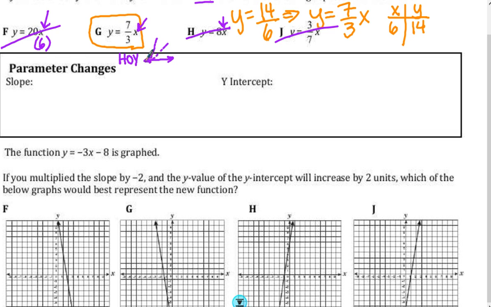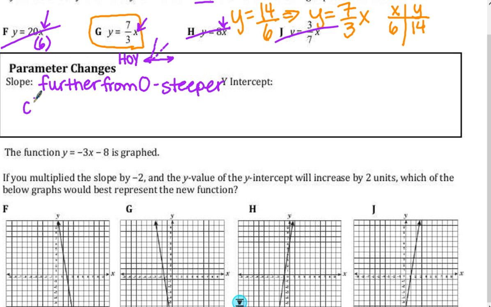So if I had a slope of like 2/3, well that's really close to 0, so it's going to be pretty flat, versus if I had a slope of like 10, that would be pretty steep. So further from 0 is going to be steeper.